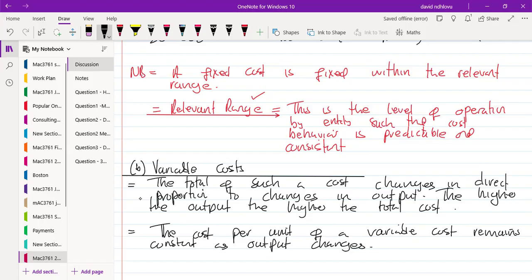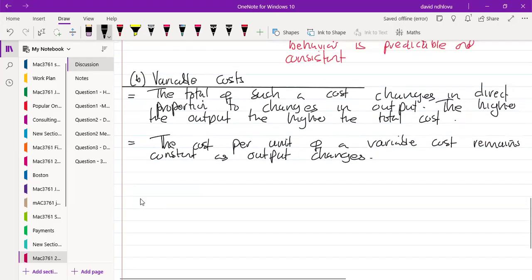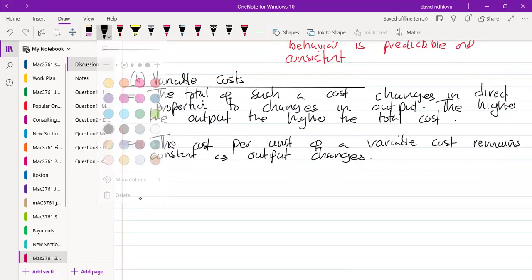So what we are talking about when we say variable cost, when we say fixed cost, usually we're talking about the totals, but you should be very clear on what is happening also on the cost per unit so that you have proper understanding. Right, let's look at an example here of such a cost.